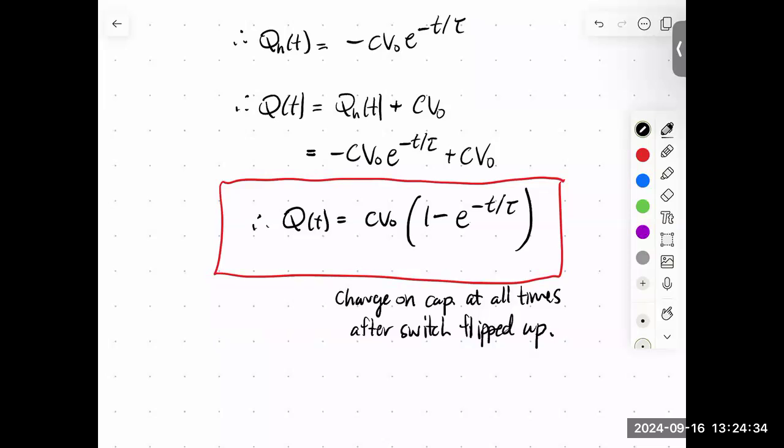So that works. Then we could say, okay, what about a long time later, t goes to infinity? e to the minus infinity is 0. And so then we have 1 minus 0, which is just 1, times CV naught is CV naught. And so that's the final equilibrium charge. And so this has those two limits that we expected it to have.